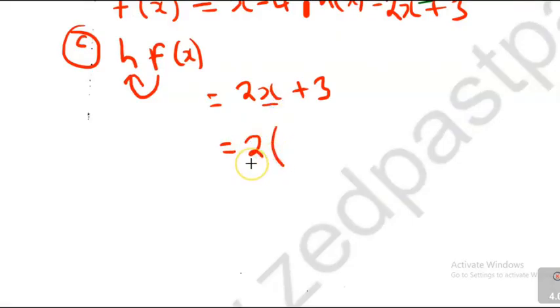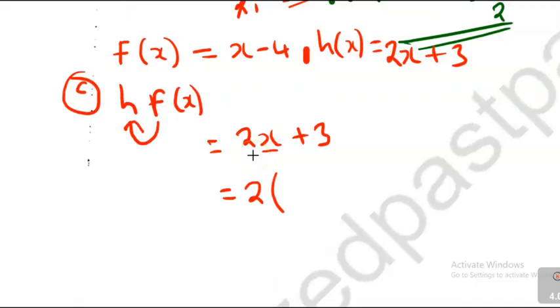So I'll write 2 open brackets, and where there is x, I'll put the function f, which is x minus 4. So I'll write x minus 4, close, then plus 3, this 3 right here.